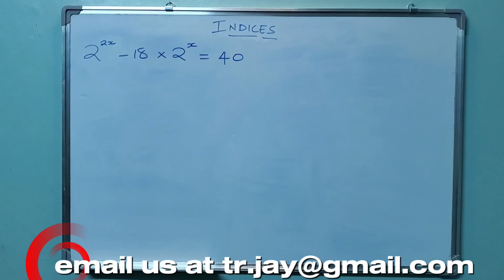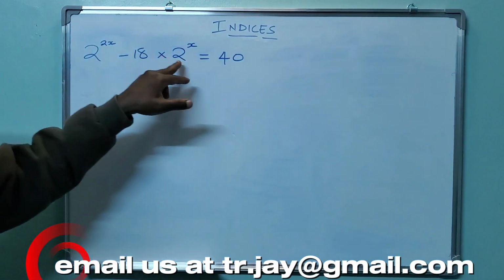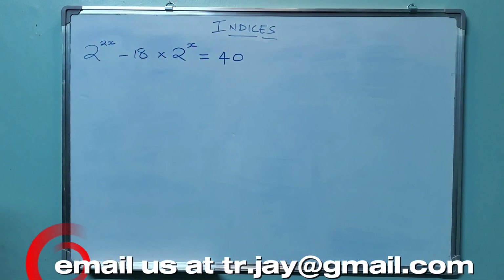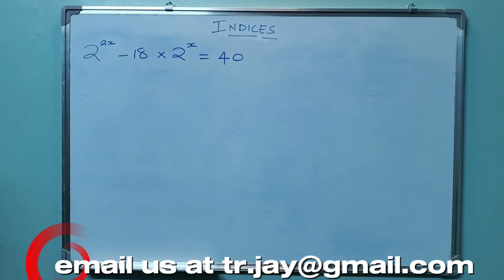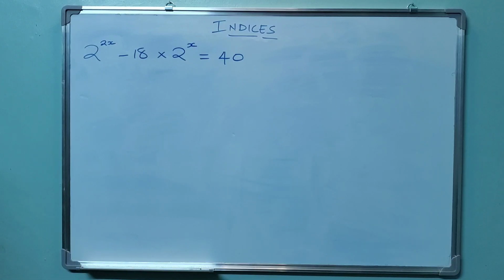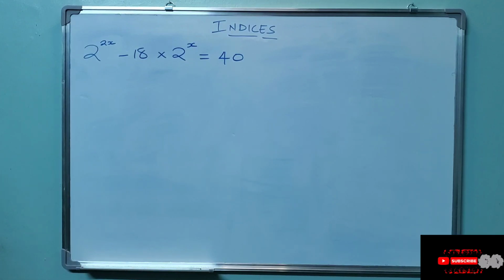Number 1, this and this are to the same base. This and this, I cannot make them to the same base. Though I can combine them because they are like terms, I'm not going to combine them in this specific scenario first. Now, in this specific case, we are going to form a quadratic equation.